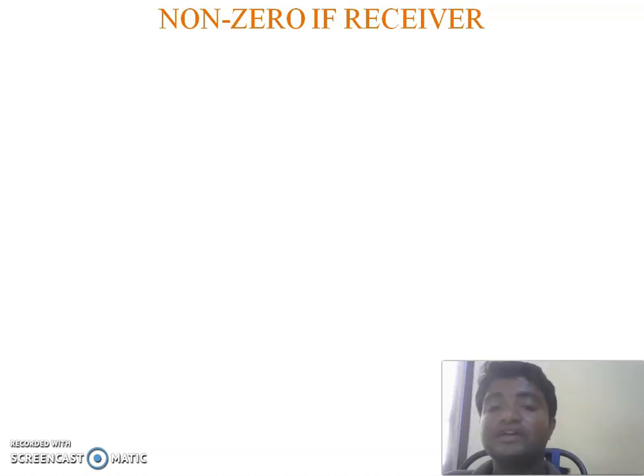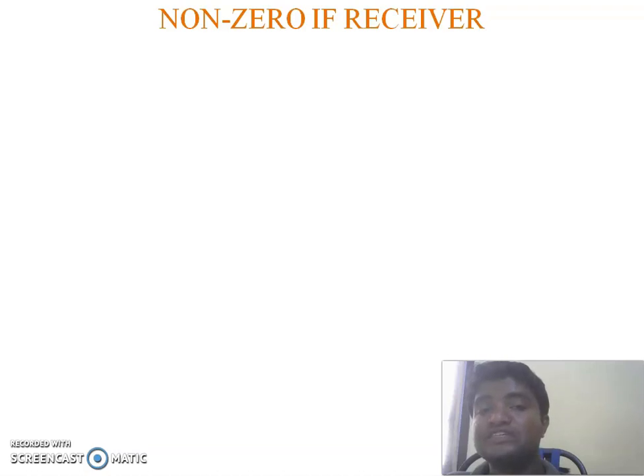The flicker noise normally occurs in the second detectors and envelope detectors, all in the semiconductor devices, and the flicker noise varies inversely proportional to the frequency. The flicker noise is proportional to 1 by f.